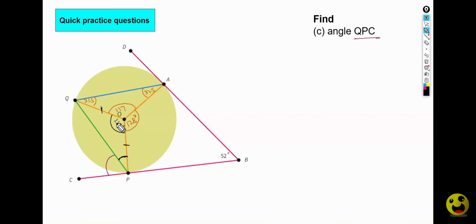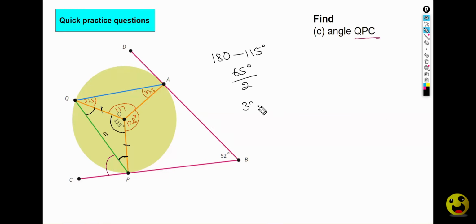You take the 115 and minus it from 180, because these two base angles will be equal to each other. So 180 minus 115, I'm getting 65 degrees. That 65 is going to be shared equally between the two base angles. So divided by 2.